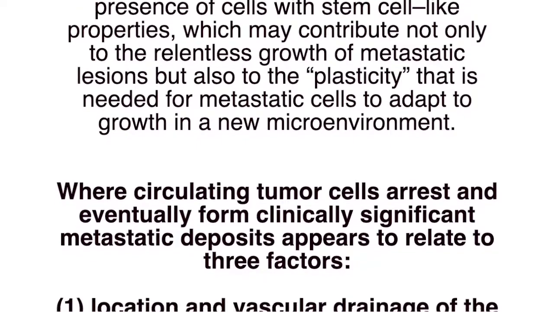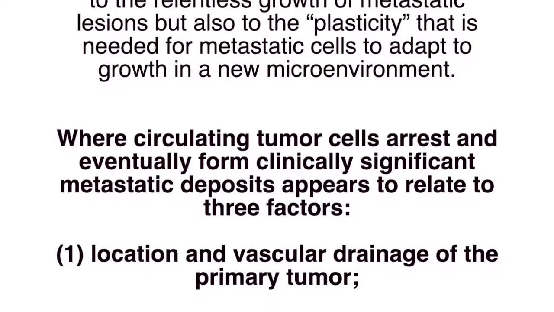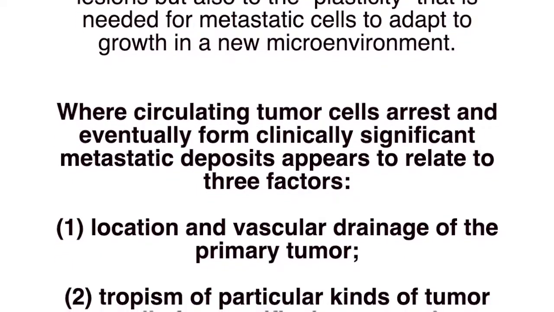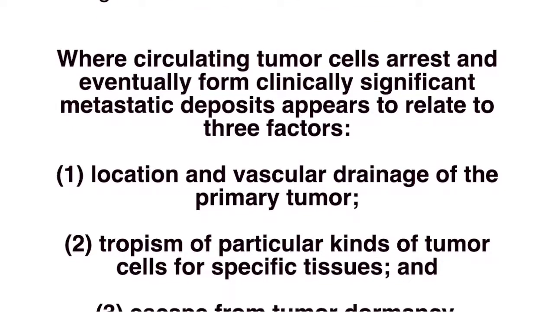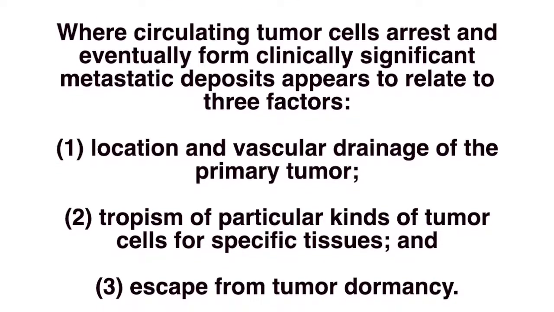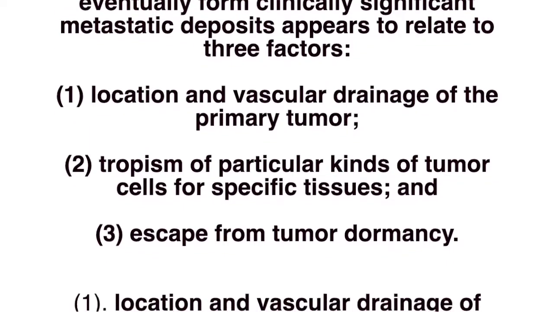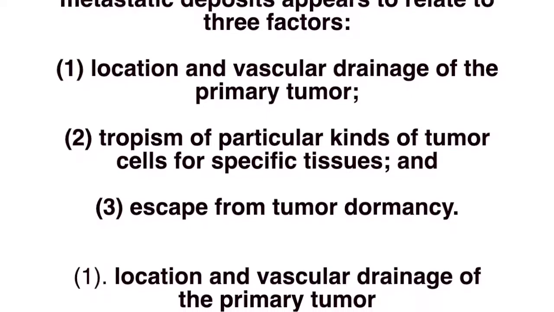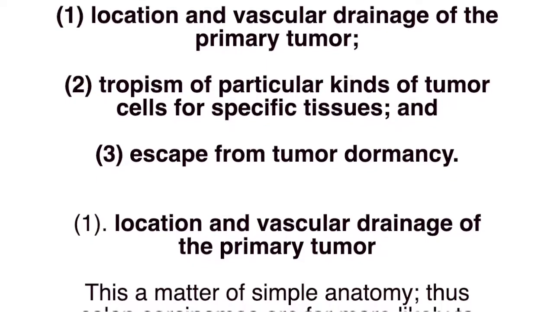Where circulating tumor cells arrest and eventually form clinically significant metastatic deposits appears to relate to three factors. 1. Location and vascular drainage of the primary tumor. 2. Tropism of particular kinds of tumor cells for specific tissues. And 3. Escape from tumor dormancy.